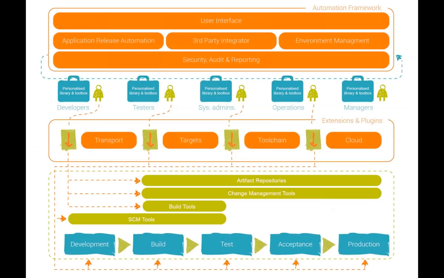We have developers that might want to develop and release EAR files and WAR files in the development environment. In our test environment, we potentially have testers that want to deploy versions into test environments. They might want to approve versions into test environments. They might want to run things like Selenium scripts, but they're going to have a different interface or a different view of our infrastructure.